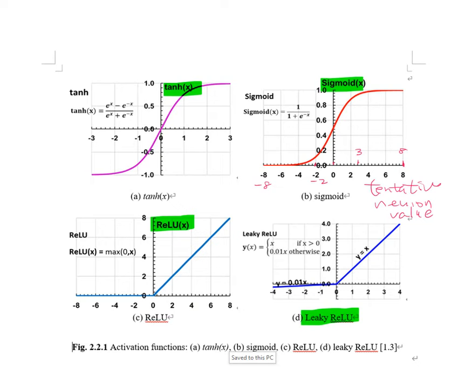This network will always be equivalent to a linear one without them. ReLU means rectified linear unit, and this is what you see here.